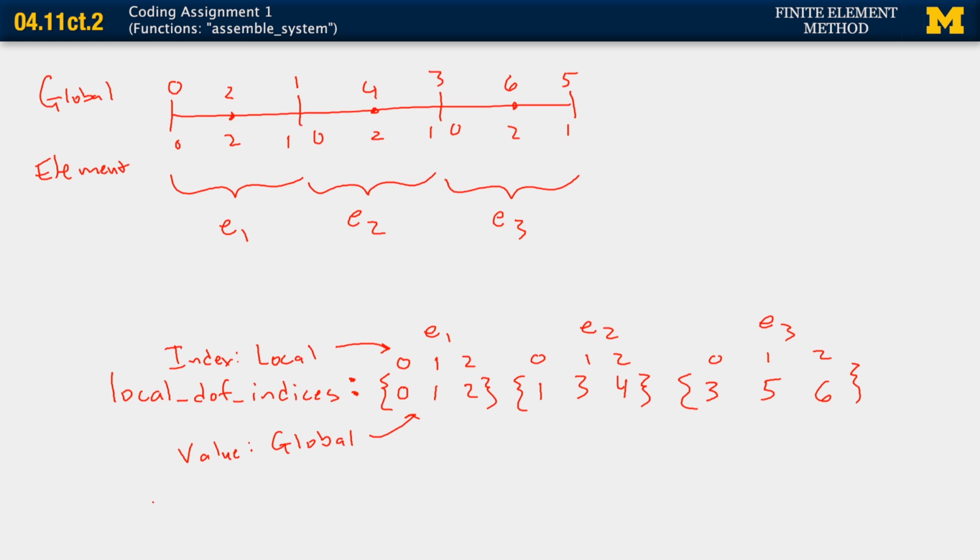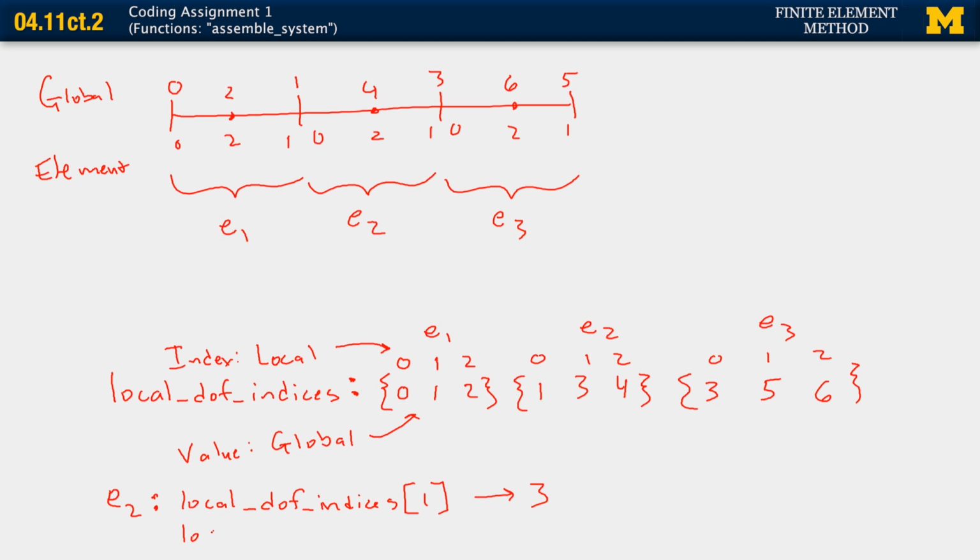So let's say we're working with element 2. We've initialized local DOF indices for element 2. And so now using the C++ syntax, if I put in 1 as my index, it would give me 3. Right?